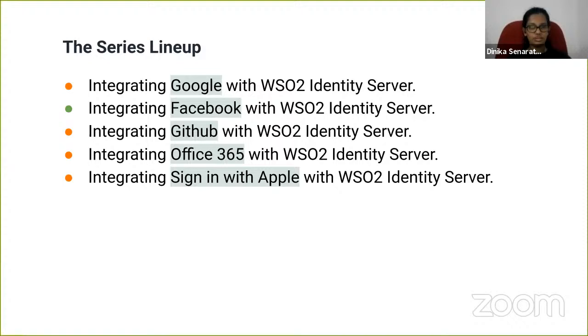There are also sessions on integrating GitHub, Office 365, and Sign in with Apple. If you did not watch the previous Identity in 15 session on integrating Google, that link is in this video, so you can watch that as well.